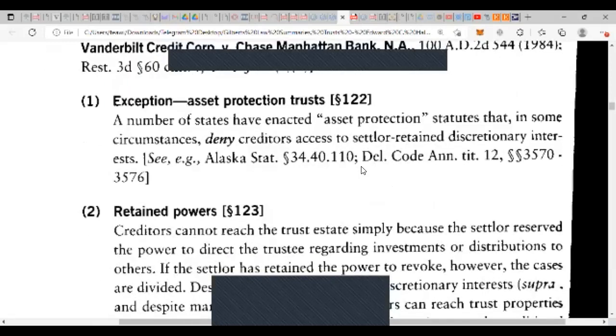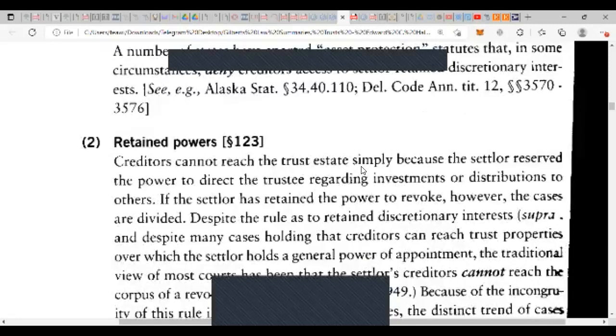A number of states have enacted asset protection statutes that in some circumstances deny creditors access to settlor retained discretionary interests. See Alaska Statutes 34.40.110. And then there's a Code Annotated title 12, 3570 through 3576. I think that's Delaware.